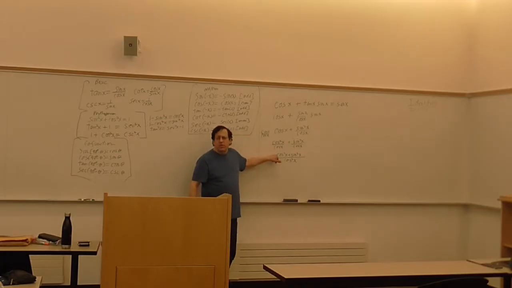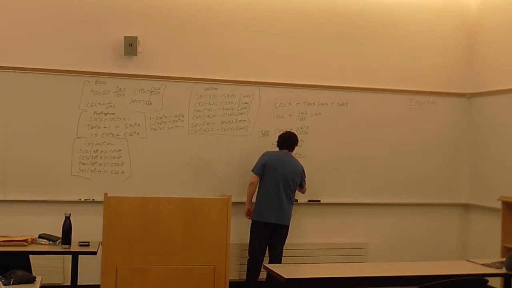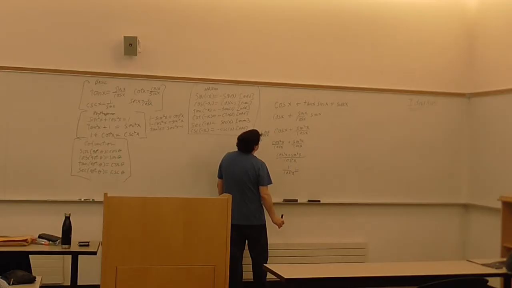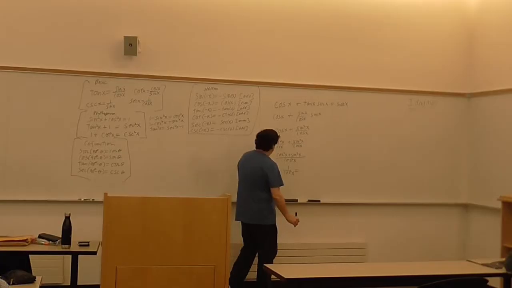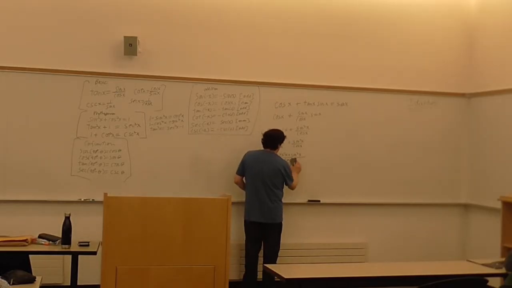We're going to see these Pythagorean identities a lot. They're often going to help us reduce something. Cosine squared x plus sine squared x is just 1, so we have 1 over cosine of x. I did something wrong. Not over cosine squared x, just over cosine of x.